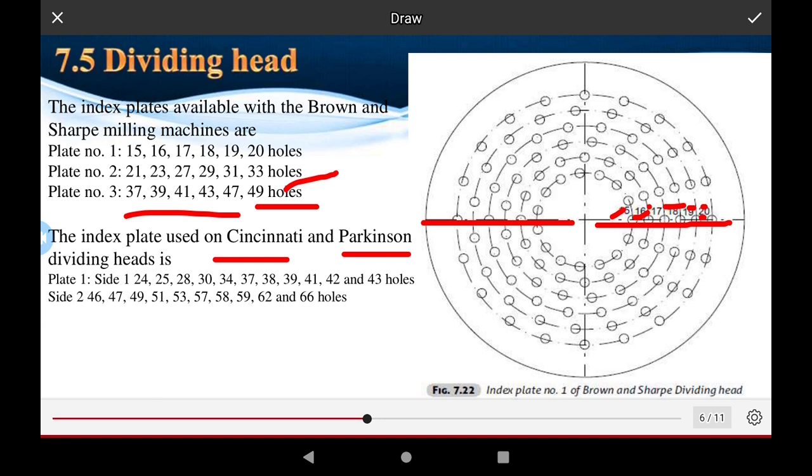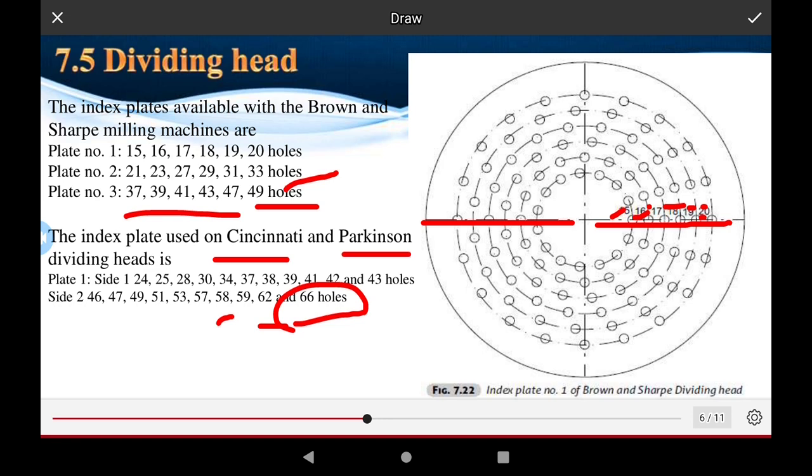On one side of the plate, there are 21, 24, 25, 28, 30, 34, 37, 38, and 41, 42, and 43 holes of plate number two, and on side two, 46, 47, 49, and 51, and 57, 58, 59, and 62, and 66 holes in the plates.